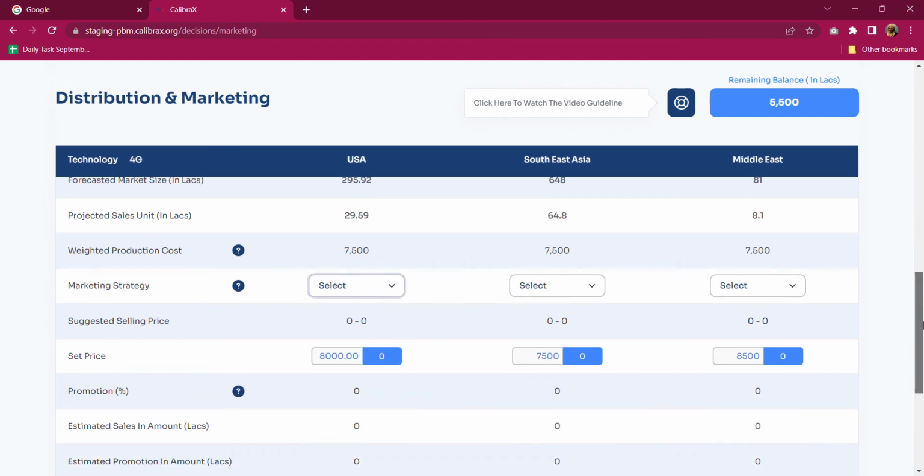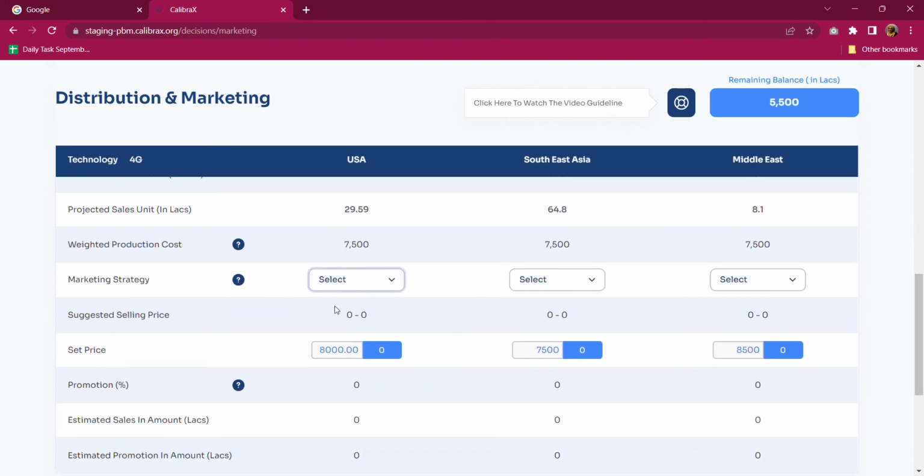So for 4G, if we want to select balance, let's say, I'm going to again go with the lower range. Let's say I have not entered a value here.